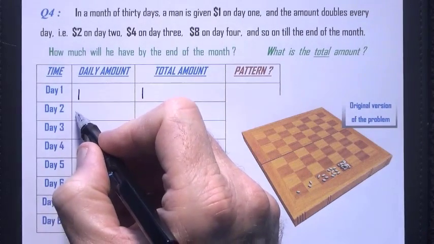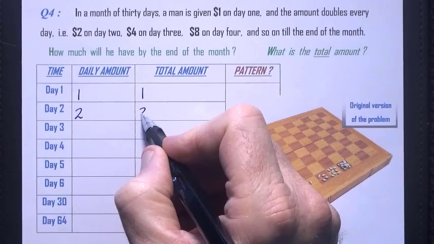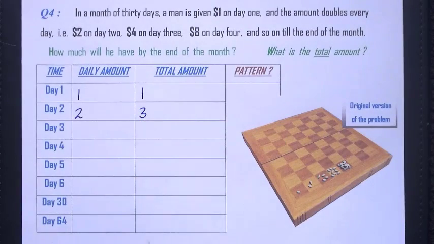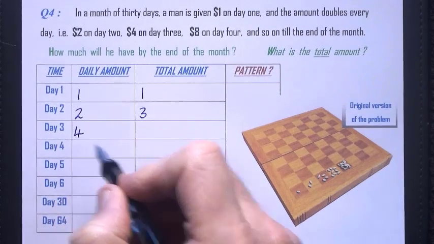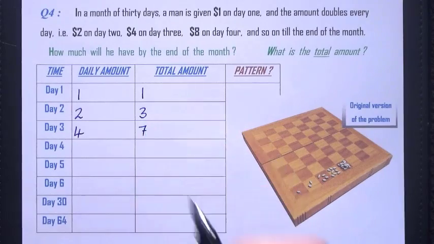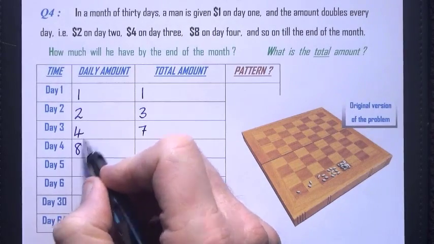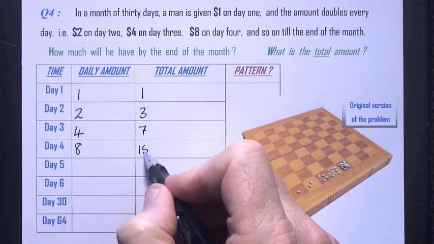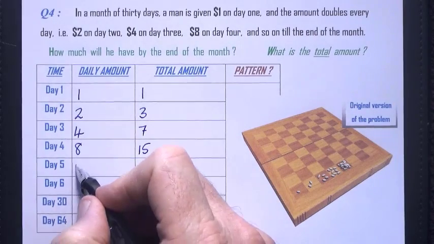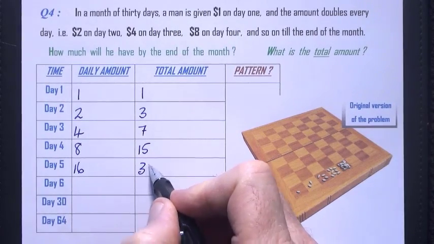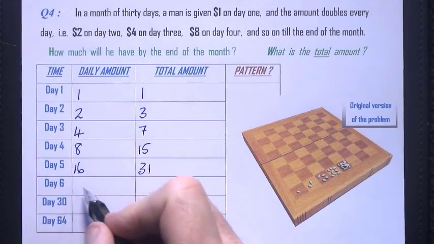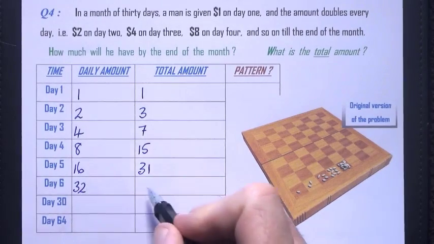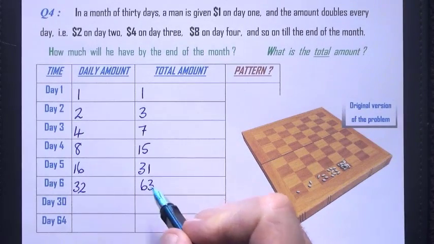On day 2, he receives 2 and the total is 3. Day 3, he receives 4 and the total is 7. Day 4, he receives 8 and the total is 15. Day 5, he receives 16 and the total is 31. On day 6, he receives 32 and the total is 63.